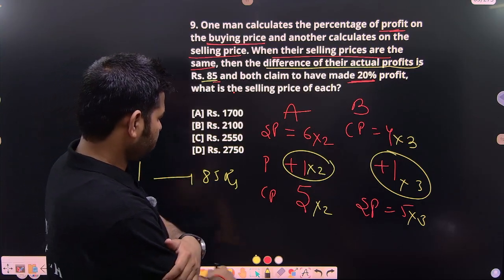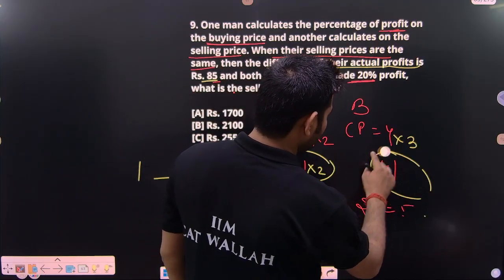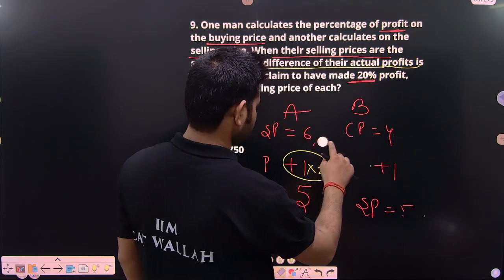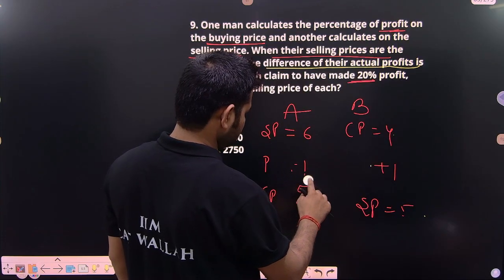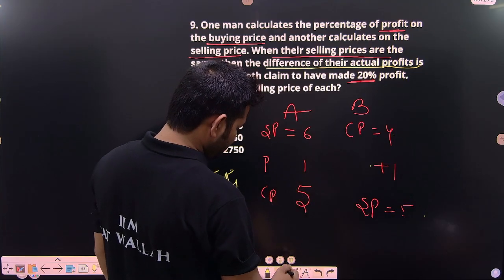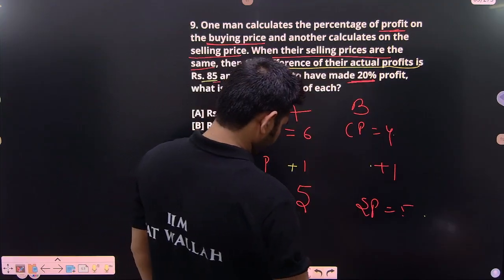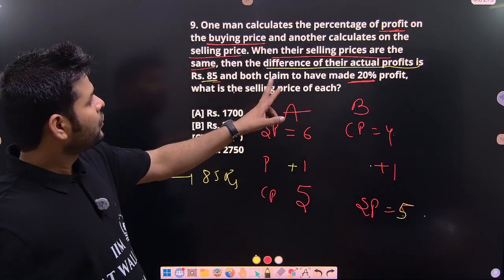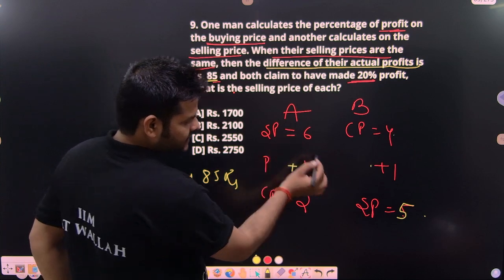Oh my God, it's my fault. Sorry. Basically, I need to multiply that value by that one. So basically, one is profit, and the question says their selling price is the same. So selling price means this value is the same.